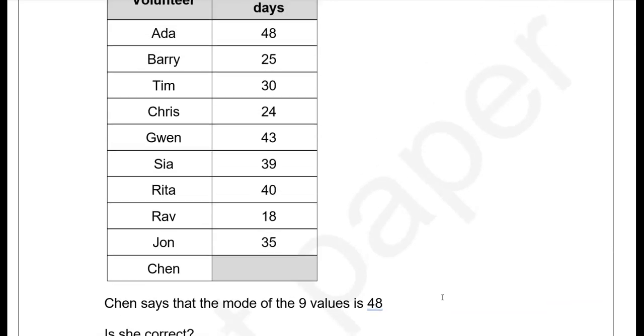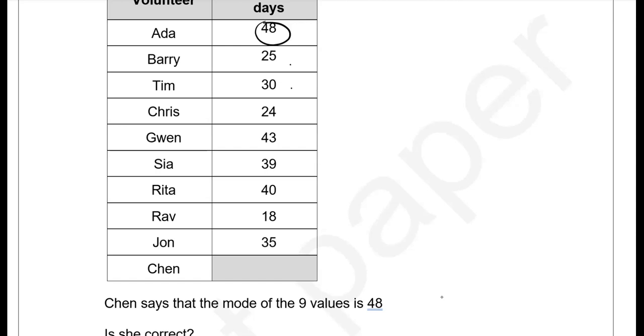So the mode is the most common value, the one that repeats itself. And looking at 48, how many 48s do we have? We have a 48 here, and that's the only one. So we can't say that the mode is 48 because there is only one value of 48. Similarly, there is only one value of 25 and 30, 24, and so on.